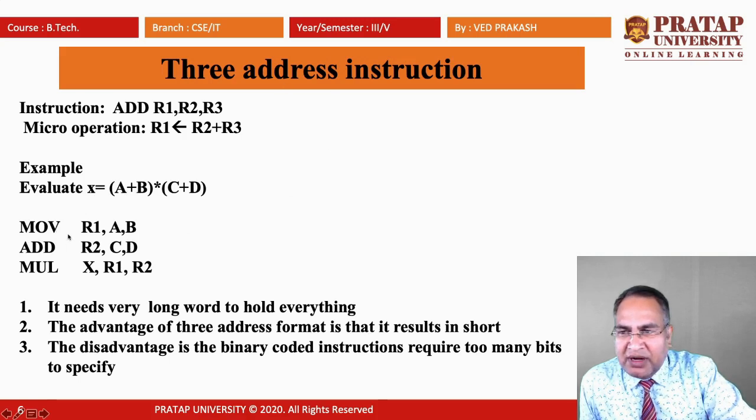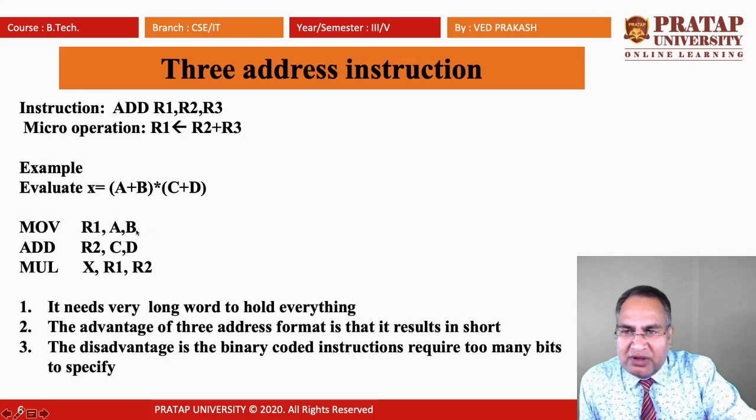First one is move. This instruction is basically used to move the contents of a register or memory location to a register. So here we are using three operation elements like R1, A and B.